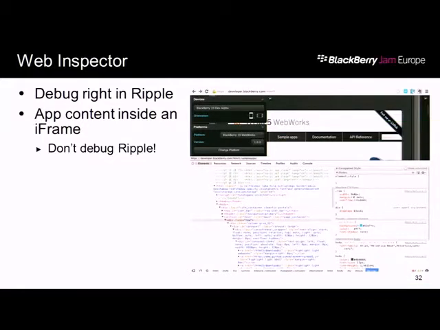This content sits in an iframe inside of the rest of Ripple that's in the browser. So when you use Inspector from Google Chrome, it sees everything, including all of the code of Ripple as well. Just be aware that when you use Web Inspector within Ripple, you don't want to start debugging Ripple. You want to go to the iframe that hosts your application and look at that.